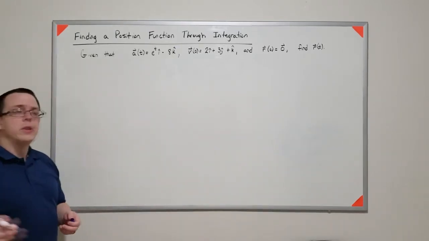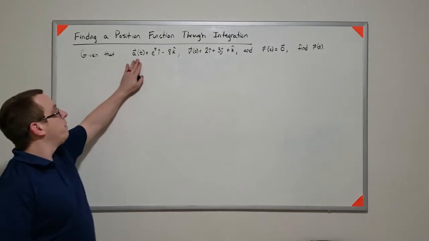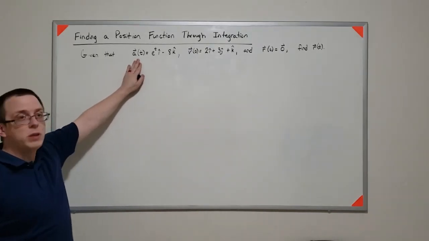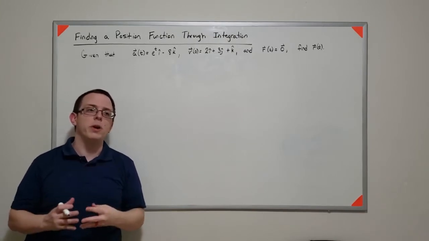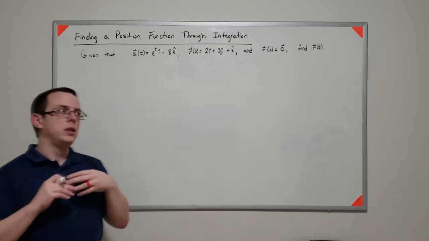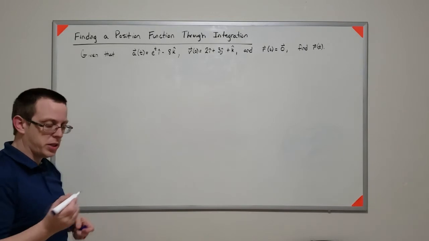So remember, if we're going to solve this, we want to arrive at a velocity function, but we only have an acceleration function, so we need to integrate or find an antiderivative for the acceleration function to find what the actual velocity function is.